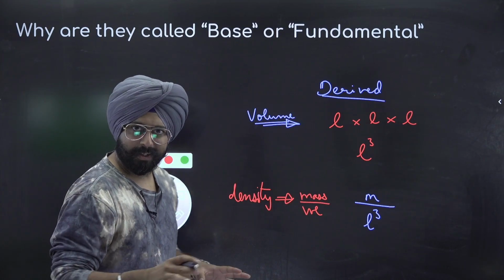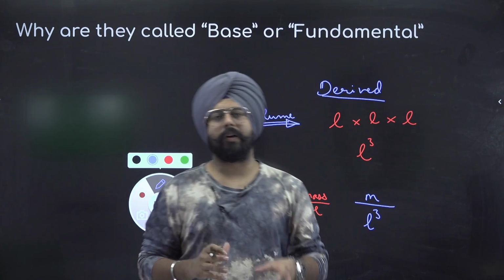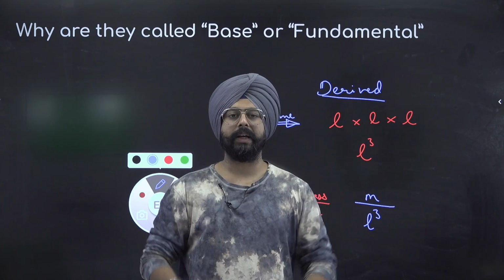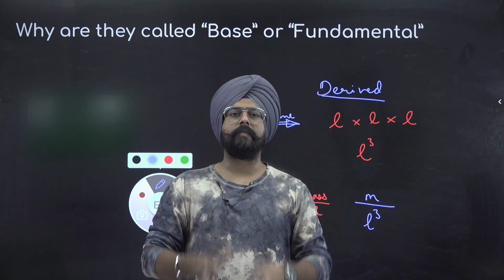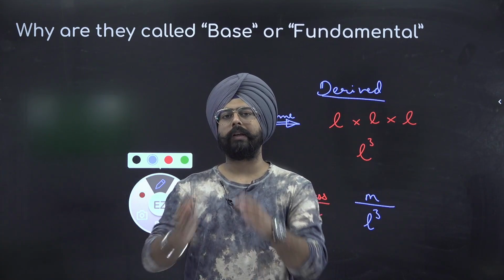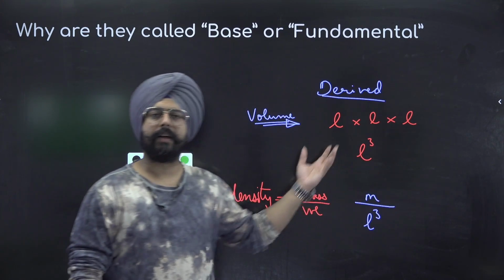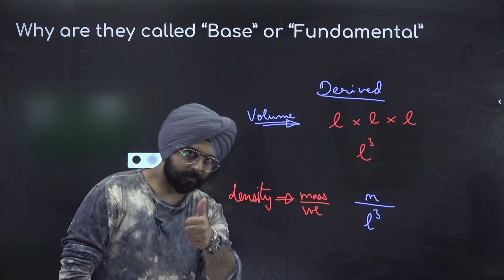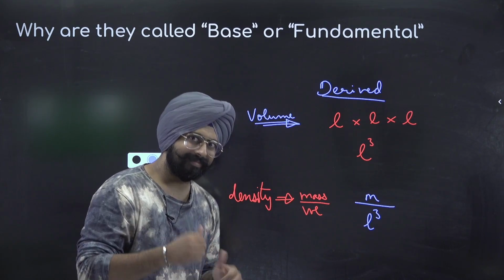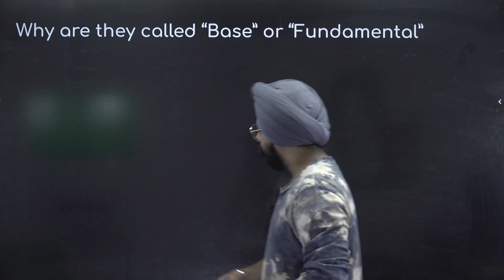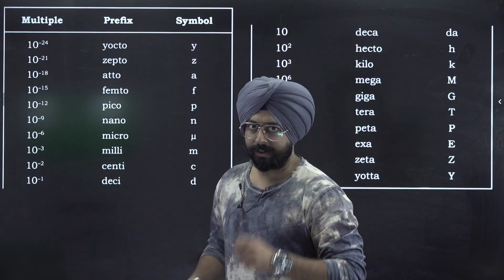So getting the point, the fundamental quantities are also defined as fundamental by scientists. It is a convention to take those quantities as fundamental and the rest of the quantities as derived. Coolio? Fine. Chalo, theek hai. So these are derived quantities and the others are called fundamental quantities for obvious reasons.